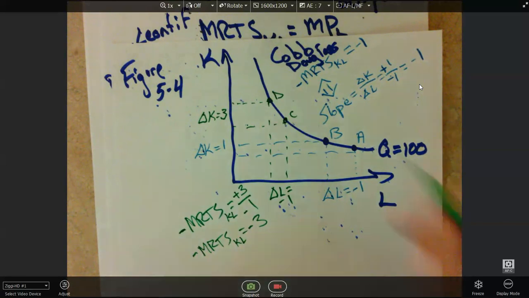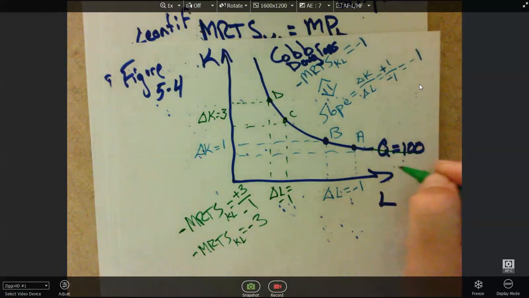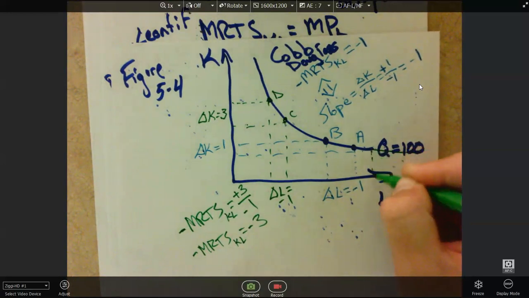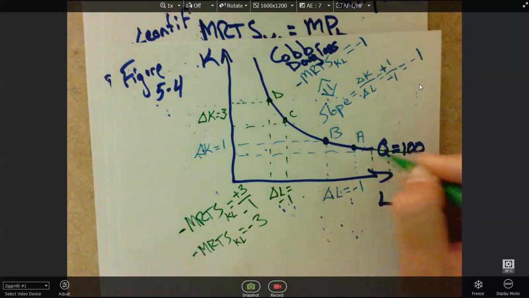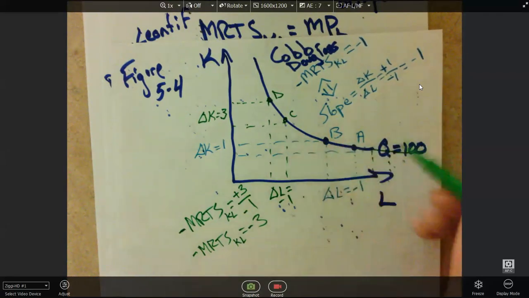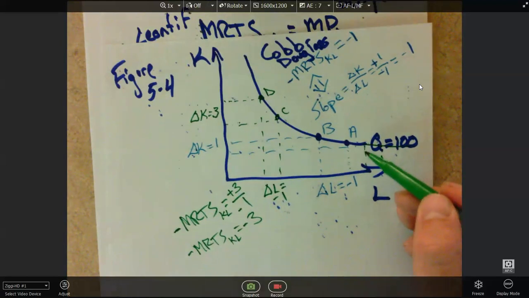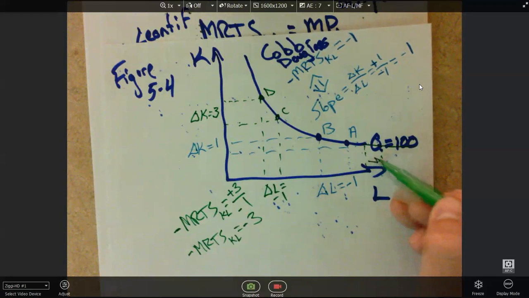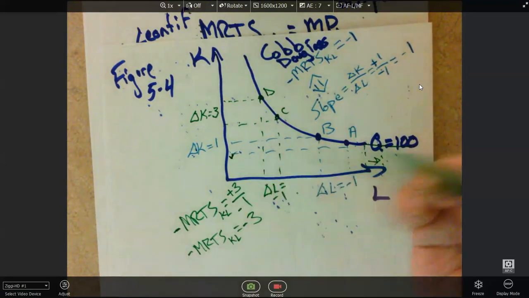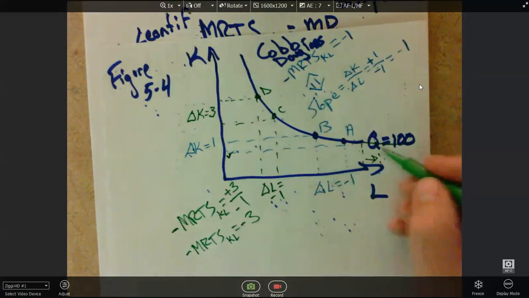And if we extended this all the way down here, we would see that the amount of capital savings that we would get from adding 1 more labor right here is almost nothing. Does that make sense?